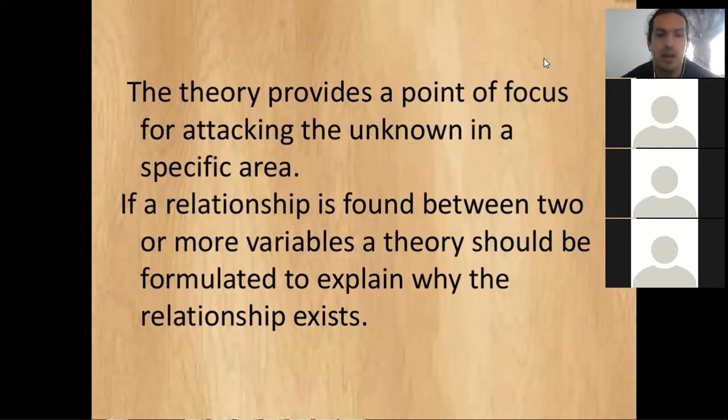Then, if a relationship is found between two or more variables, a theory should be formulated to explain why the relationship exists. So, is there a relationship between anxiety and oral production? If it exists, we're going to use that theory, right? If it doesn't exist, we're going to link it. So, we're going to use theory A, anxiety, theory B, that is going to be oral production problems, right?